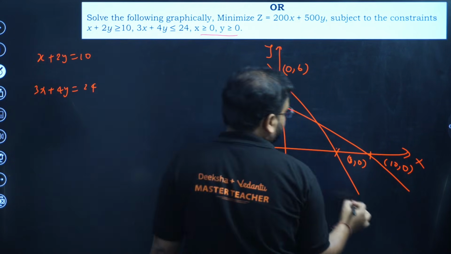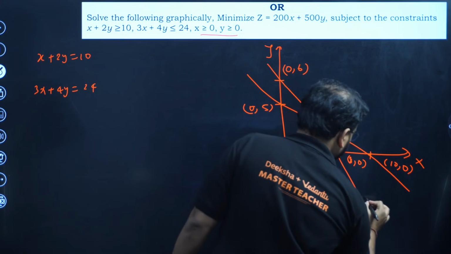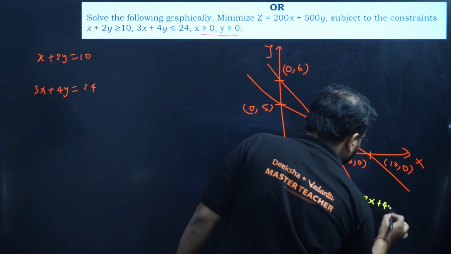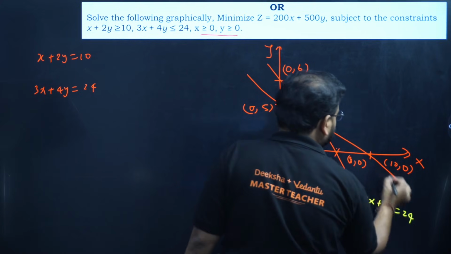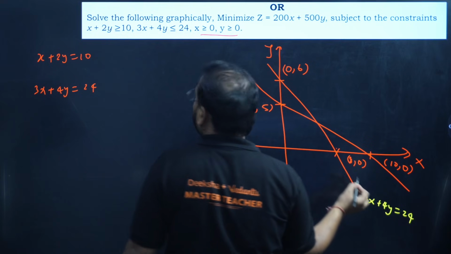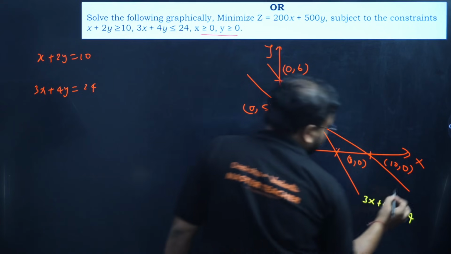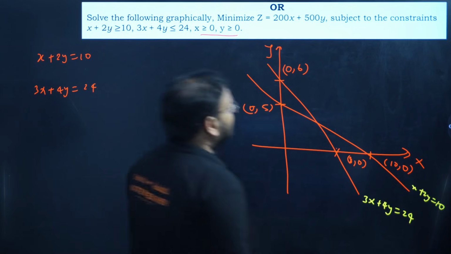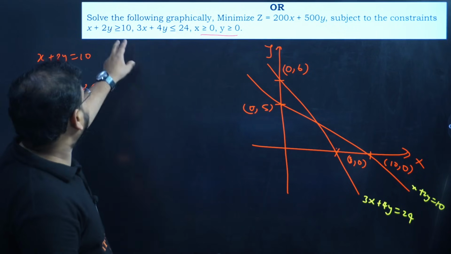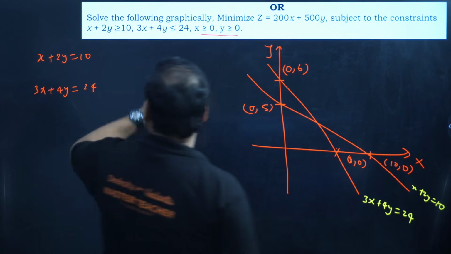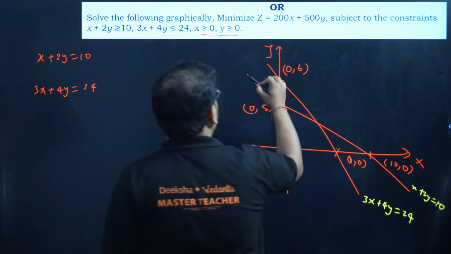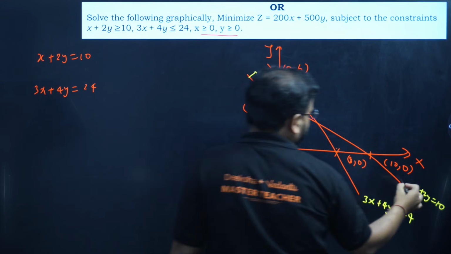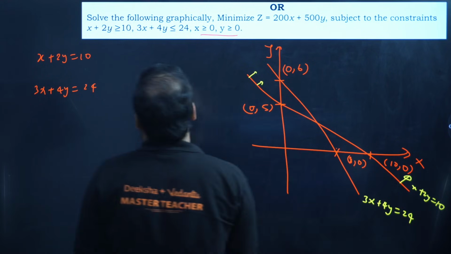This line is 3x plus 4y equal to 24, and this line is x plus 2y equal to 10. I'm looking for more than this line, so above the line x plus 2y is more.